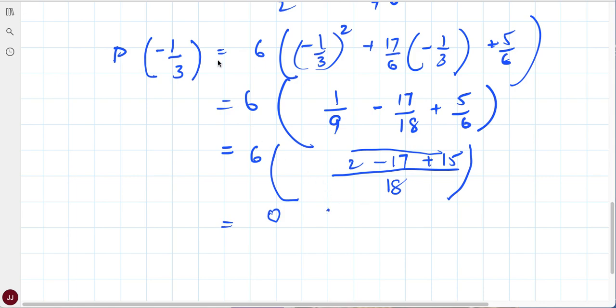Therefore p of minus 1 by 3 is a factor, so we can write it as x plus 1 by 3, right? x is equal to minus 1 by 3. So when this comes this side, it becomes x plus 1 by 3 is equal to 0. So this guy is a factor. Let's see what are the other factors we have.